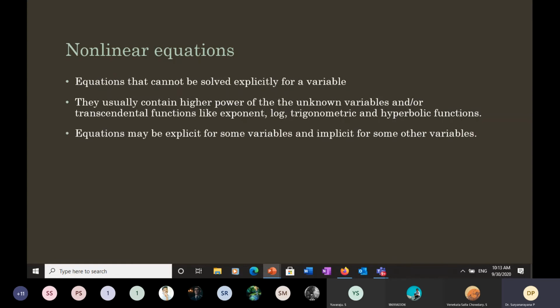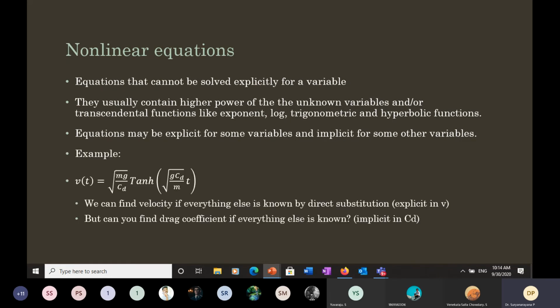But the problem comes when you cannot solve these equations explicitly. Even if you know all the known variables, you substitute and you're left with only one unknown. If you cannot directly determine the value of that unknown when knowing all the other known variables, such equations are called implicit nonlinear equations. I think we discussed this earlier.